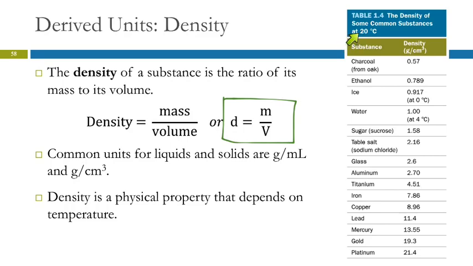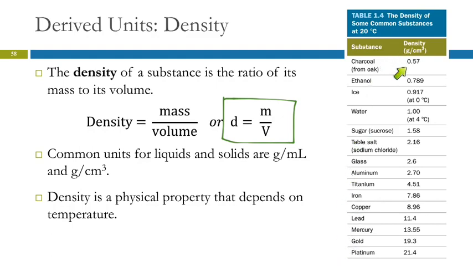It would be different if you were, say, working at 100 degrees Celsius, very different temperature, and doing precise work. Then you might want to look it up. They have tables in a big old fat book, that one up there in the shelf, of densities at some different temperatures. So here we've got charcoal, ethanol, ice, water, sugar, salt, glass, and then some of the metals.